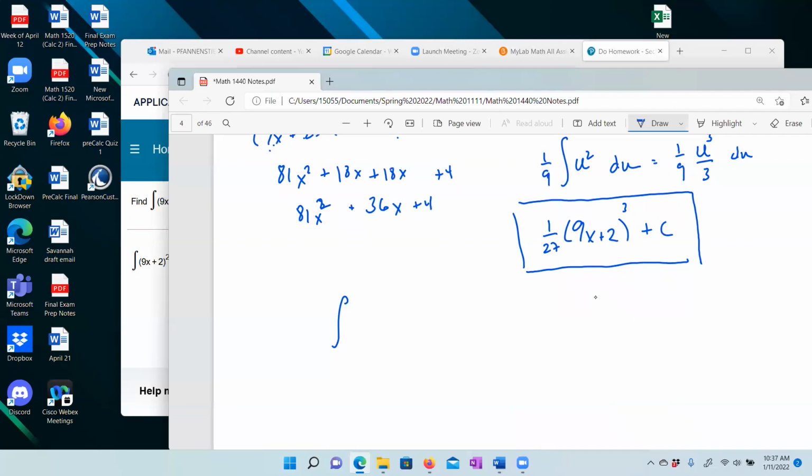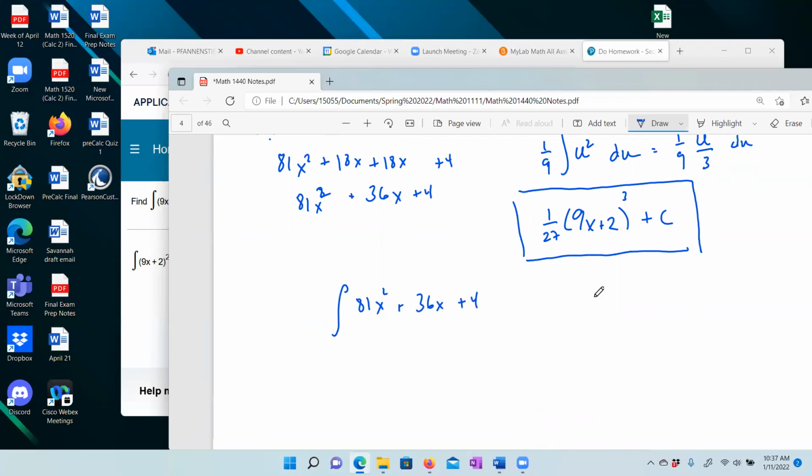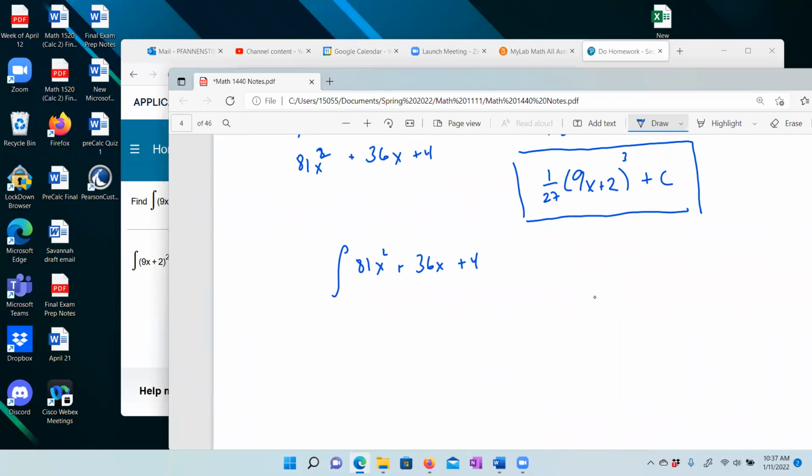So what are we going to have here? We're going to integrate 81x squared plus 36x plus 4. So we're going to have 81x cubed over 3, plus 36x squared over 2, plus 4x, plus c.